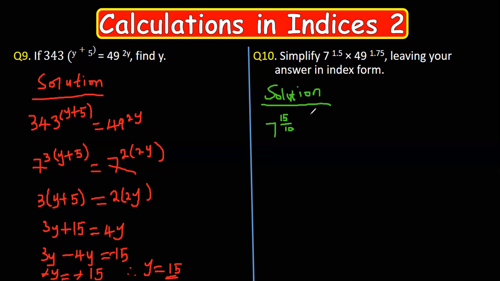Did I just say multiplying by 10? No, not for the 49. Here we multiply this by 100, and when we do that, we should have 175 divided by 100.